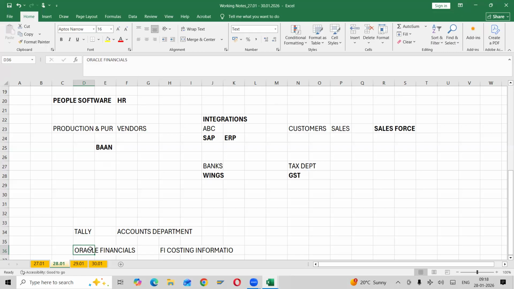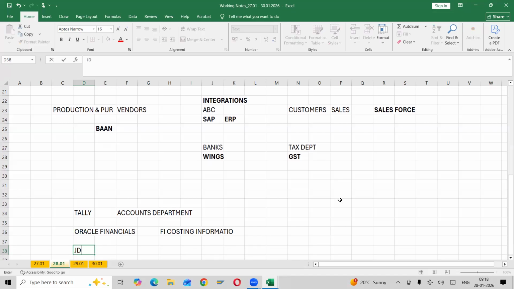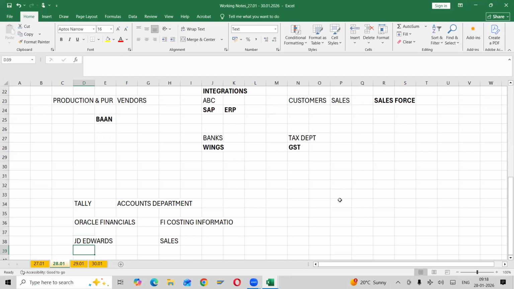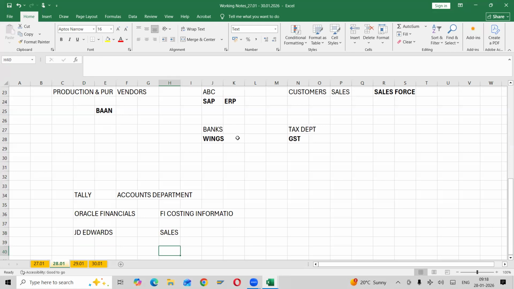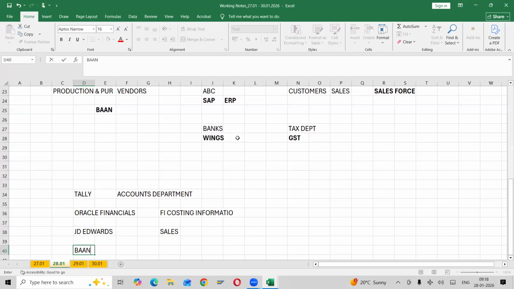Clear? Like that, if I take another ERP called JD Edwards, now it is outdated, JD Edwards is only related to sales. If my company is using JD Edwards as its ERP, I can get only sales related information, not other. Clear? If I'm using BAN, this is also one more ERP, then I can have only production and purchase information.